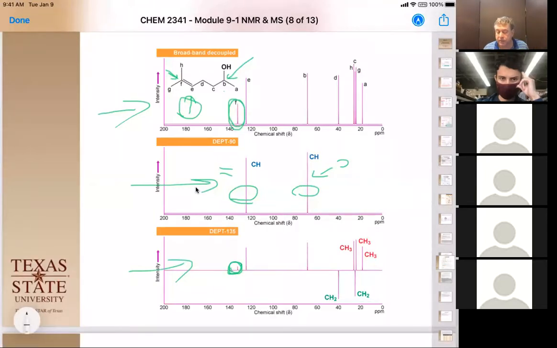But notice these 3 peaks all have methyl groups on them, so those must be A, G, and H. And these 2 had just CH2s on them, so those must be the only 2 CH2s we have, which are C and D. So it's kind of a cool experiment. We don't use it as much in this class, but once we get into spectroscopy and other classes, this is a very valuable experiment that combines knowing what carbon NMR is, plus knowing how many hydrogens are attached to it.